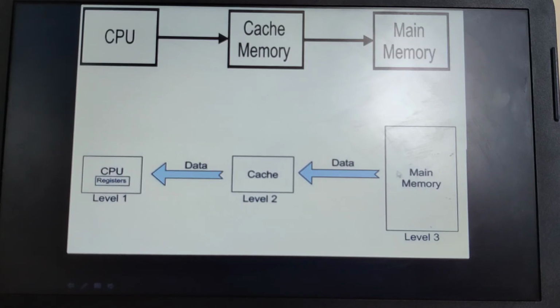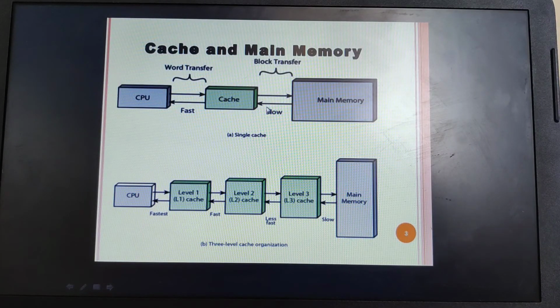That means the data transfer between main memory and the cache is slow, but the data transfer between the cache and the CPU is very fast. You can see this in the slide: the transfer rate here is slow, but here between the CPU and the cache memory it is very fast.